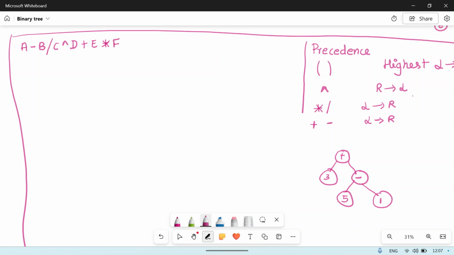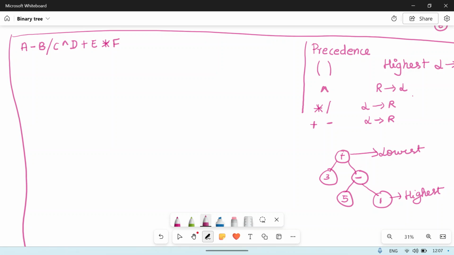You have to understand that the one at the bottom has the highest precedence. And the one on the top will have the lowest of all the precedence. So when you try to construct the tree, you have to identify the one with the lowest.